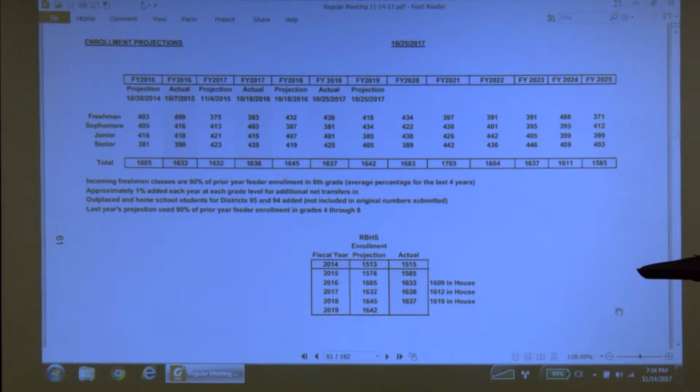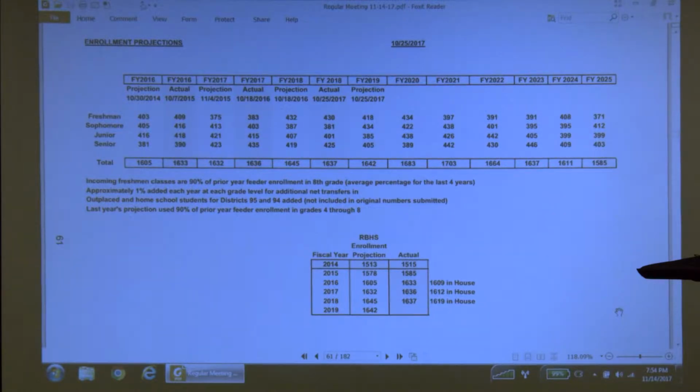So it's kind of a diagonal effect: 90% of whatever the 8th grade enrollment is, and then going on a diagonal, a 1% increase from what we have currently enrolled. I project that out as far as I can to get an accurate projection of what we have coming for next school year.